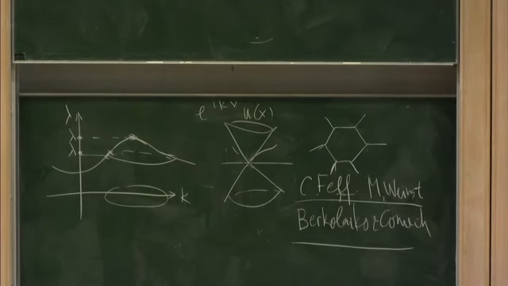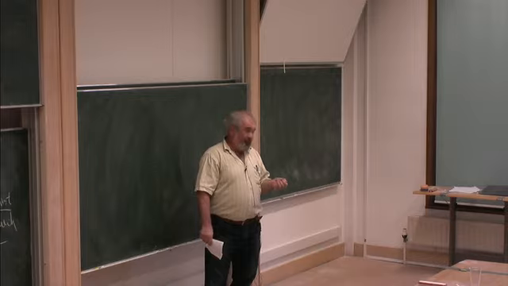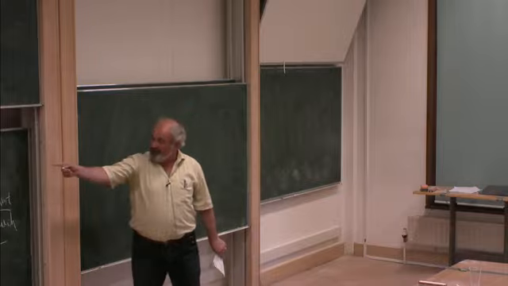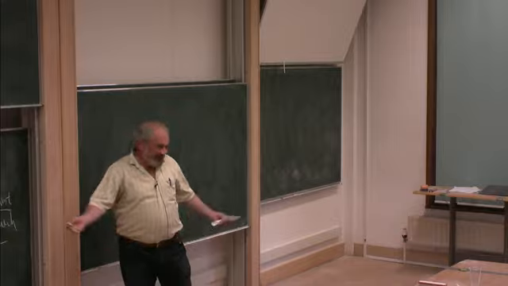I don't believe that, but the thing is that it's not generic. It's unstable, and therefore you don't see those things in practice. But if you have something that forces them to keep existing, like in graphene, then you can use it.